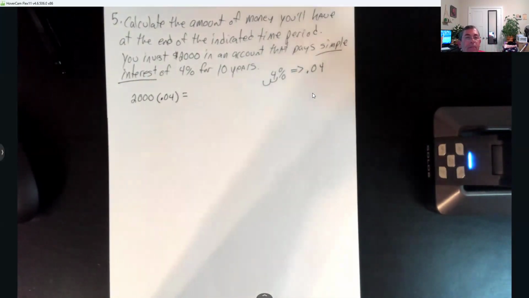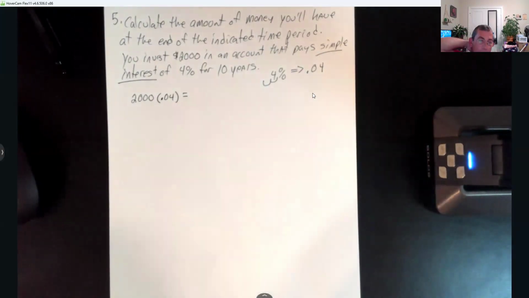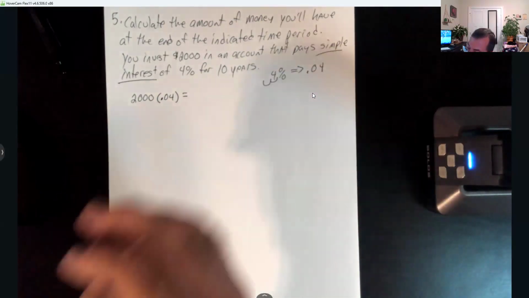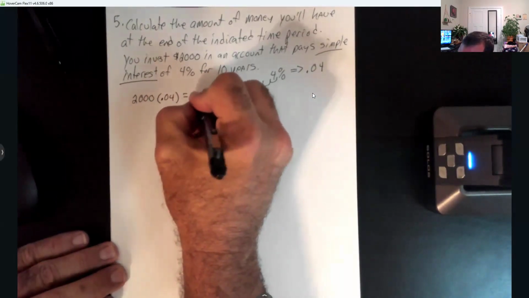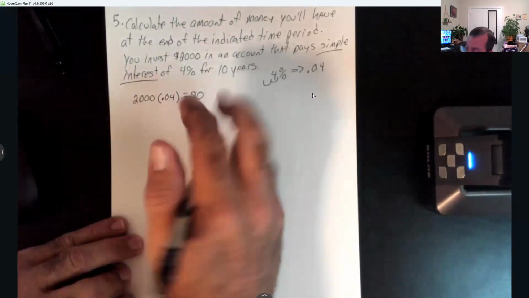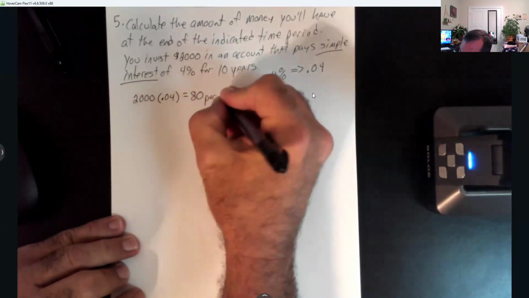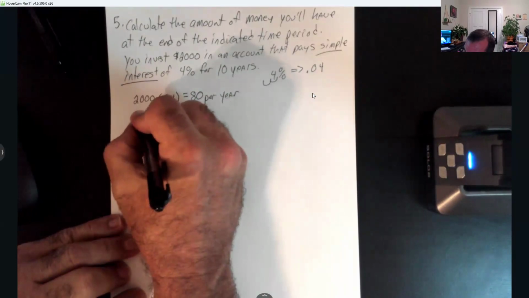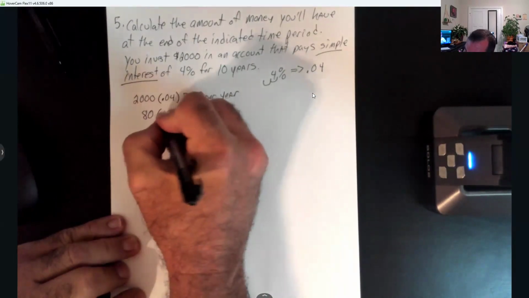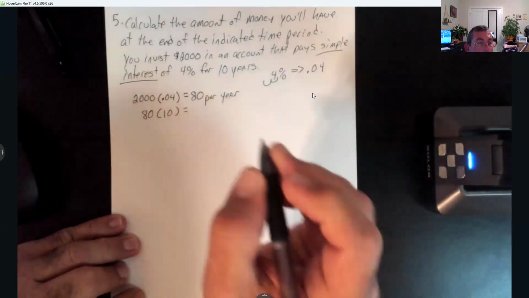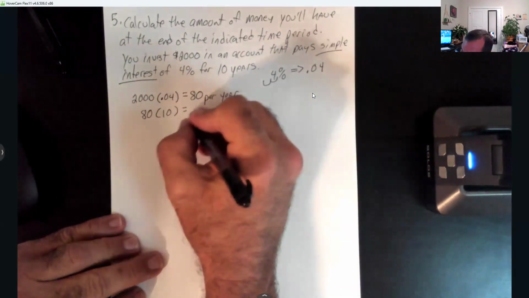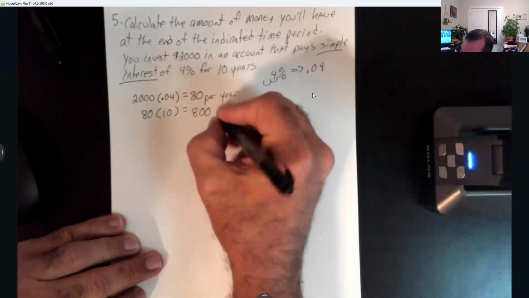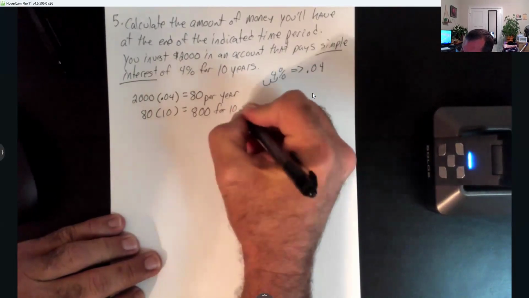All right, y'all, so one of y'all punch in what is 4% of 2,000 for me? So what are you getting? $80? Okay. So that's $80 per year. We got 10 years. So we're going to do 80 times the 10 years. And that would be what, 800? So it's 800 for 10 years.